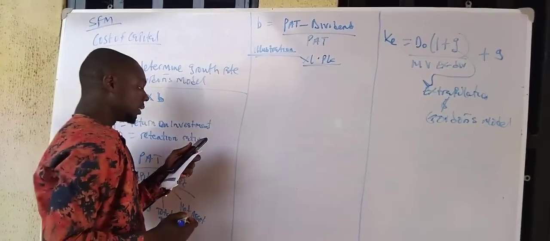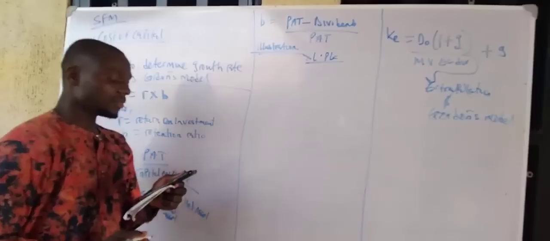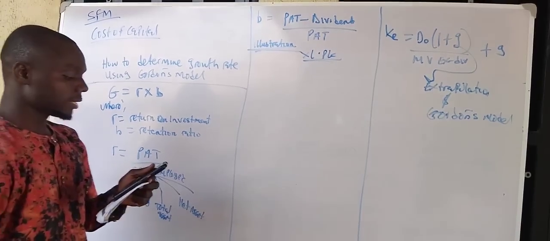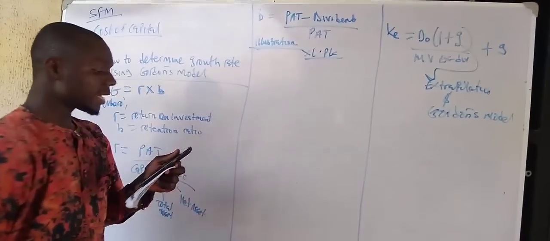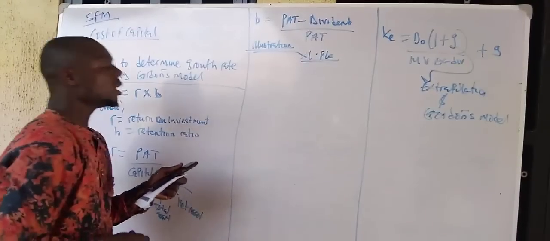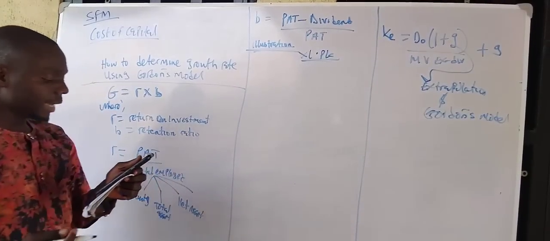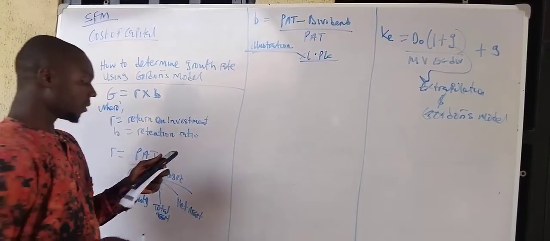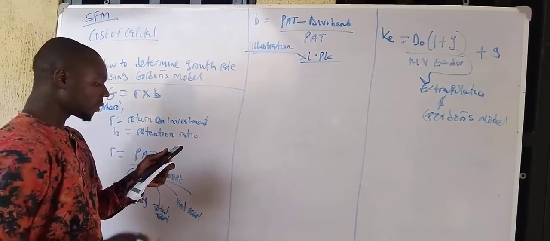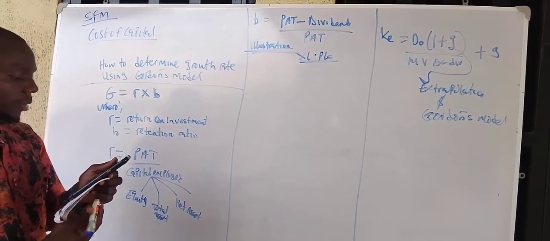Now, the statement of financial position as at 31st December 2019 is as follows. We're given total assets of 400, ordinary shares 200, reserve, profit after tax, dividend, retained earning for the year is 24. Statement of financial position as at 31st December 2020. We're given all the relevant information.